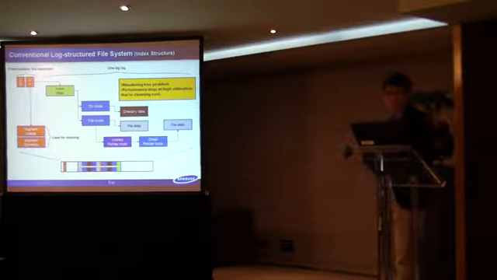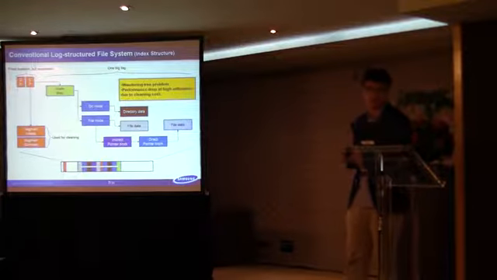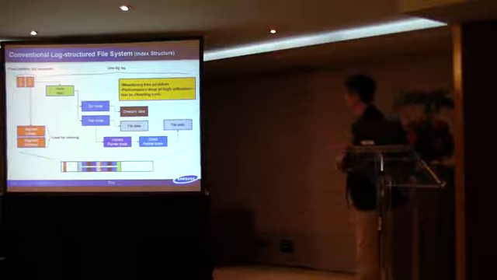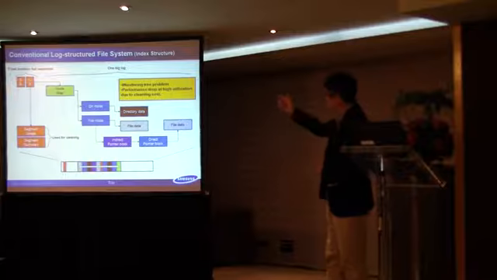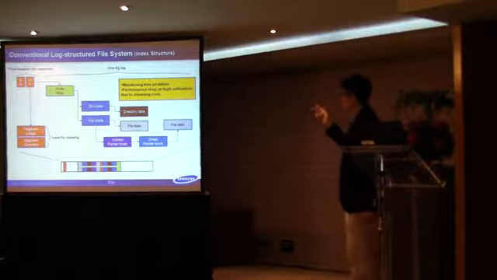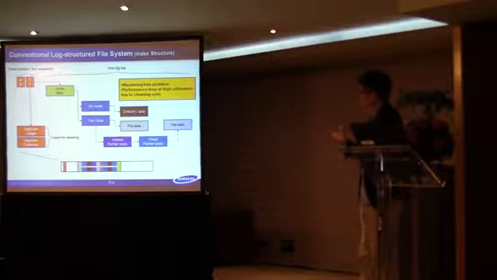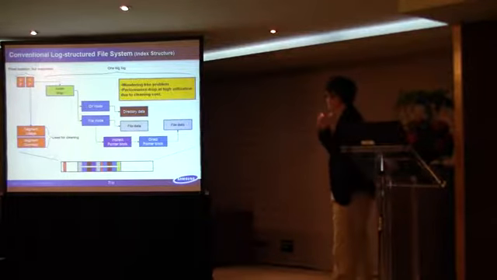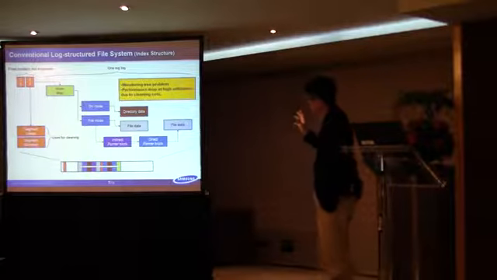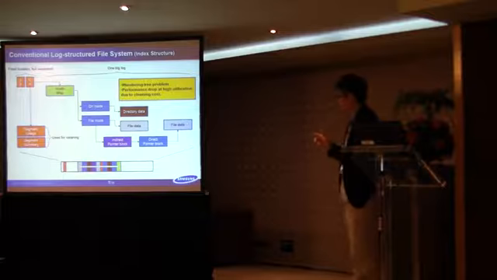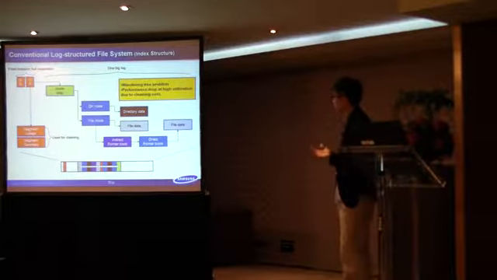And this is a high-level picture of how the log-structured file system was constructed previously. It has the superblock at the top left. Superblock and checkpoint have a fixed location, so we should write them in a fixed location. And another thing is the log. It is appended to the clean log when there are any file system changes.